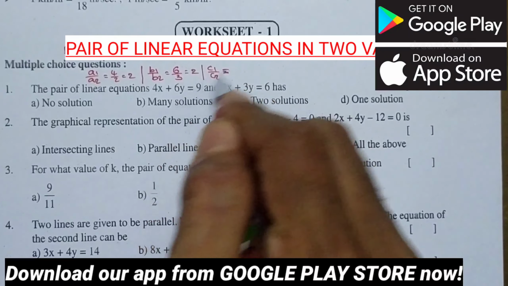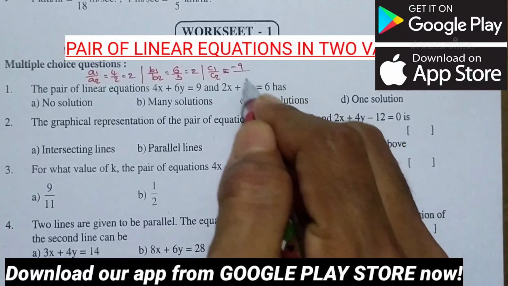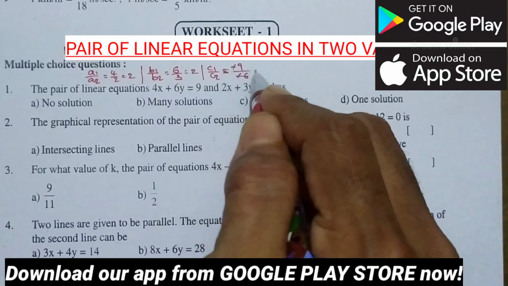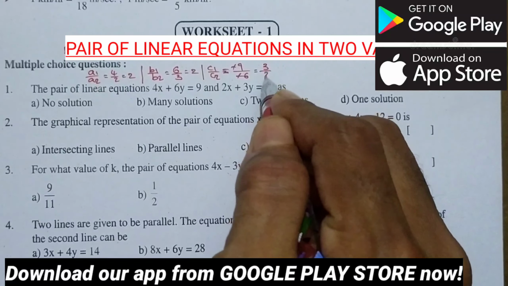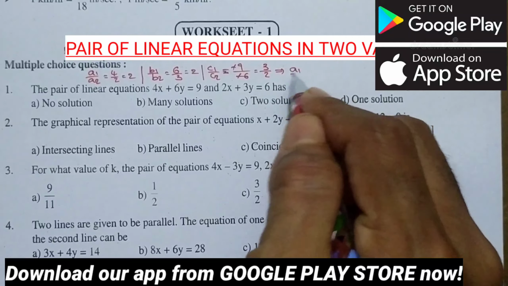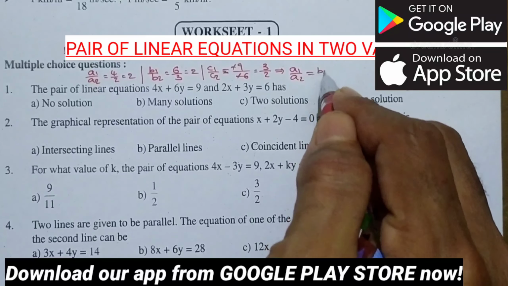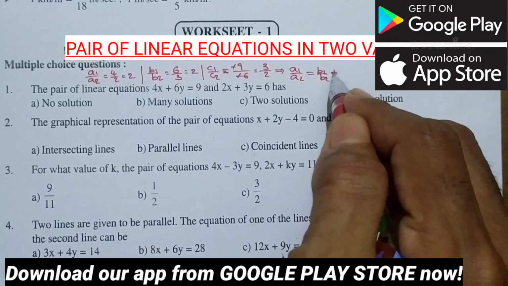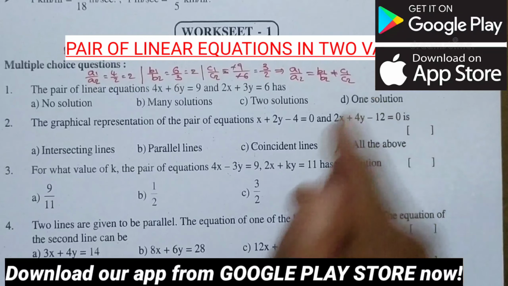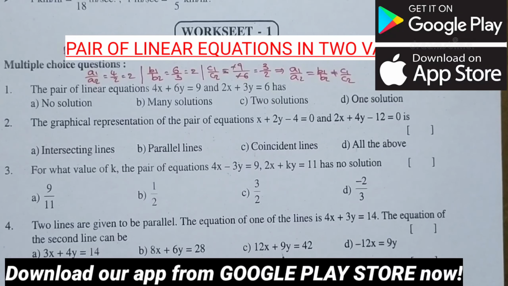Here if we bring 9 this side, it becomes minus 9. Bringing the 6 this side is minus 6. So minus minus cancel. 3 3s are 9 and 3 2s are 6. Here we get a1 by a2 is equal to b1 by b2, but not equal to c1 by c2.